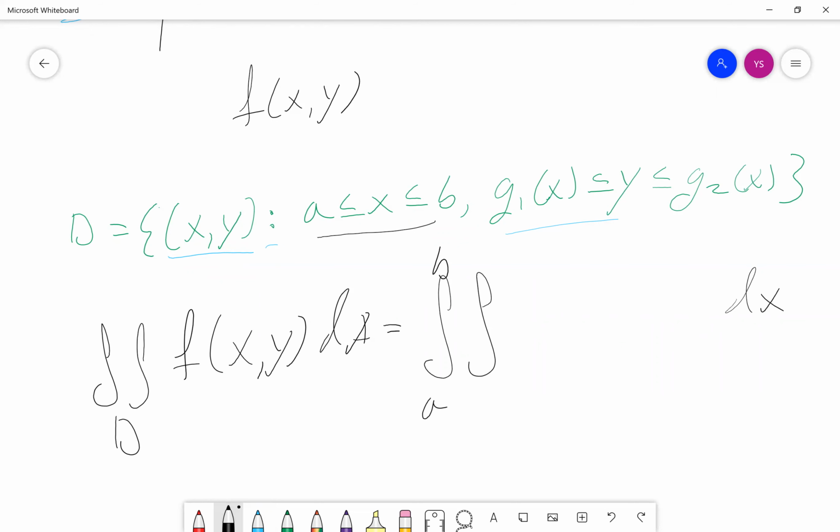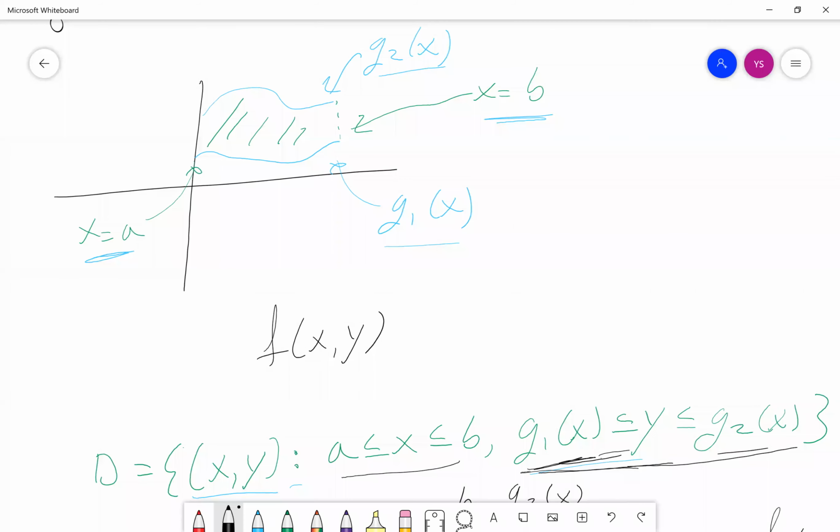So you finish with the integral with respect to x because your x's are constants. And in the y, you put these functions g. So y goes from g1 of x to g2 of x, right? Because that's where y goes from. It starts at g1 of x, and it goes up until g2.